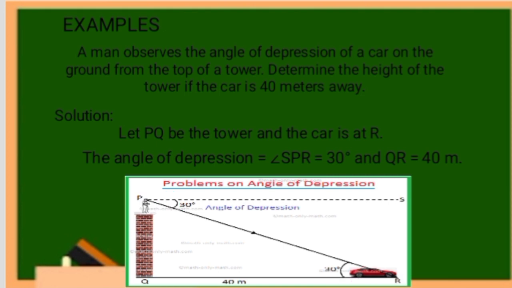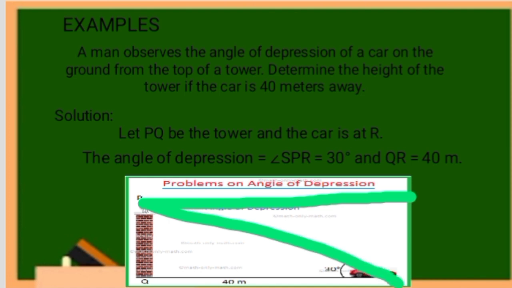So solution: let PQ be the tower and the car is at R. The angle of depression, angle PR, is equal to 30 degrees.